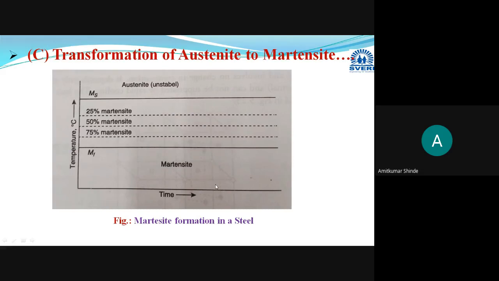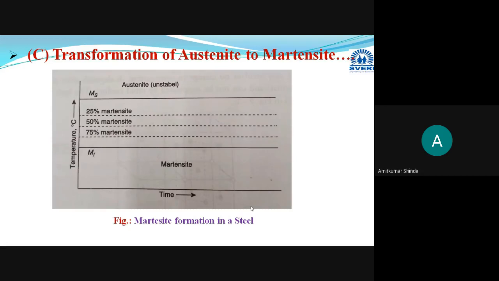You will not end up with 100% martensite. Some austenite will be there in the microstructure at room temperature, and that austenite present at room temperature is termed retained austenite or untransformed austenite.